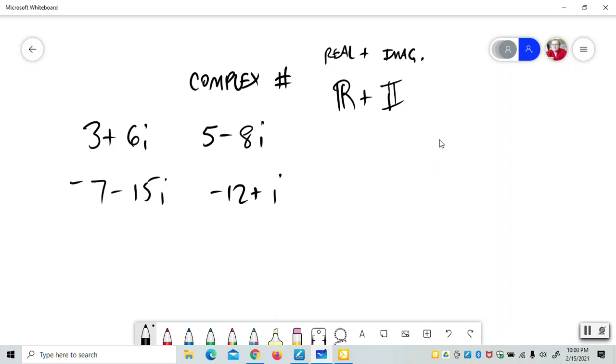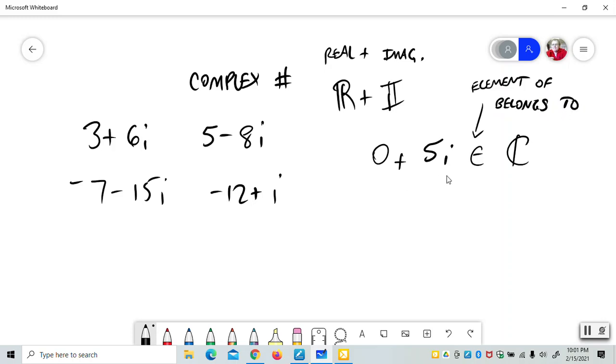Well, that brings up a question, 5i. There's no real part. So is it complex or is it strictly imaginary? Well, the answer is you could say the real part is just 0, 0 plus 5i, so ding, ding, ding, it does belong to complex numbers. If you remember, this symbol means element of or belongs to.